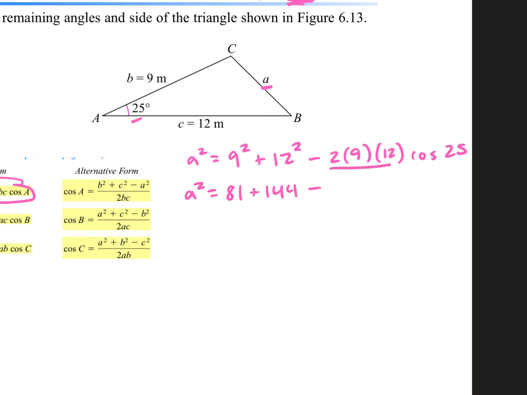So I'm going to put this into my calculator. I got 195.76. So A squared is equal to 29.237, and then just take the square root of both sides.